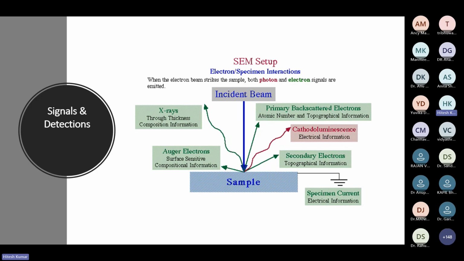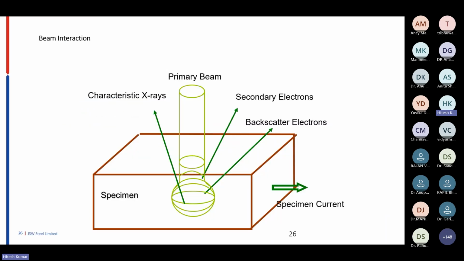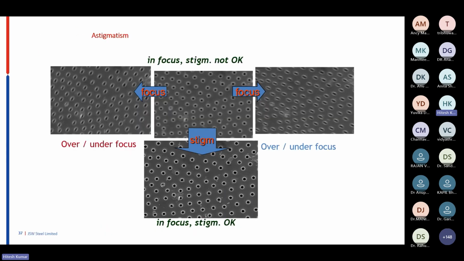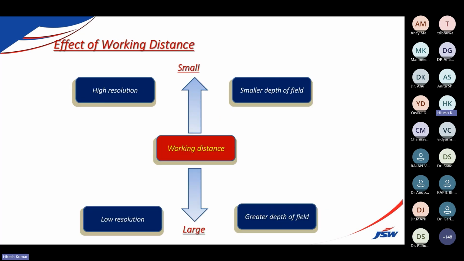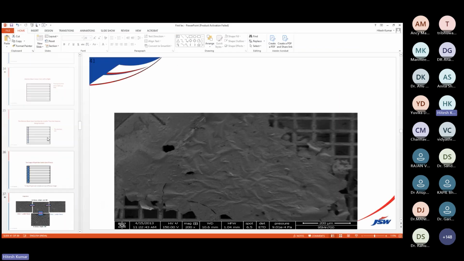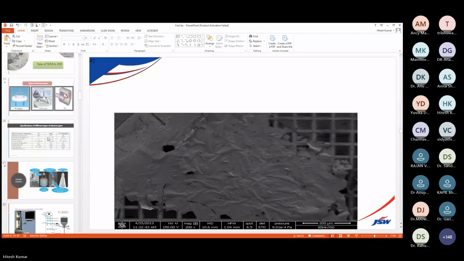Both phases will give different contrast and brightness, and according to that, you get different information. I'll show you one of the better images of that.